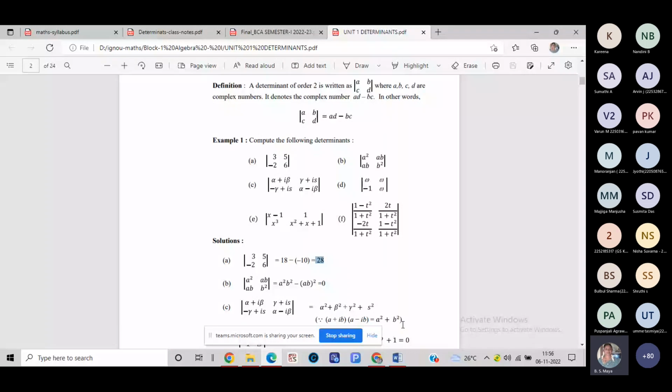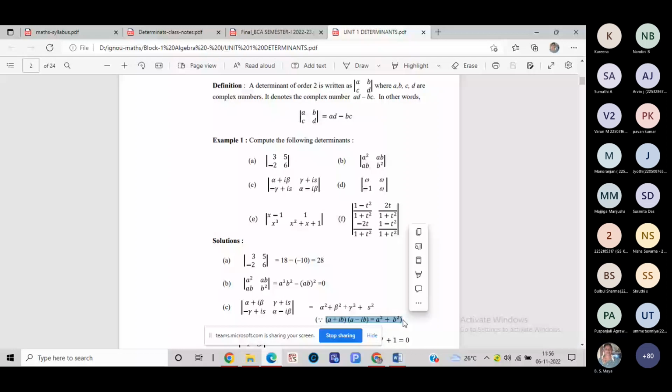According to that, if you multiply these two, you will get alpha square plus beta square. Similarly, gamma plus I S into gamma minus I S gives gamma square plus S square. But if you don't know this formula, it is very difficult to write the answer.